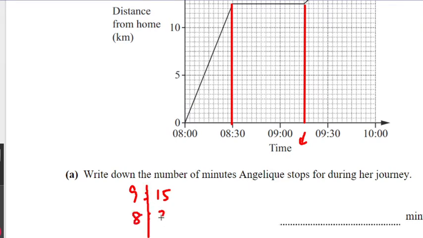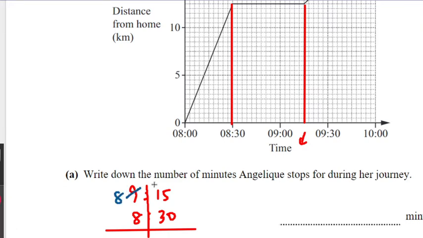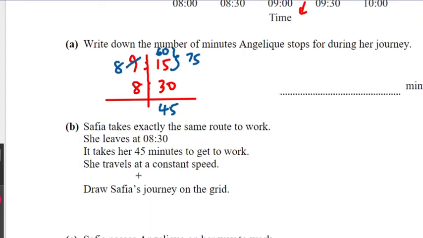When we minus this, we get this one not enough, so we borrow. Here becomes 60, you plus 15 first, 75. Then 75 minus 30 is 45 minutes. 8 minus 8 is 0. So the answer here is 45 minutes. Okay.